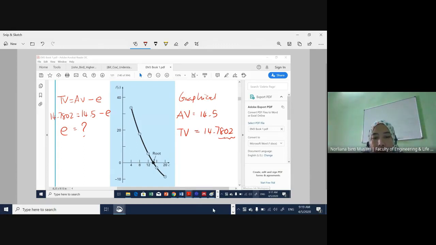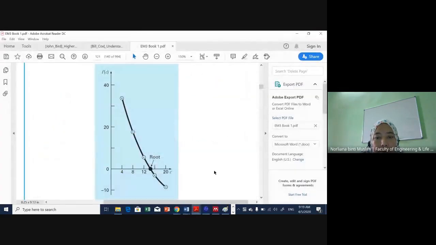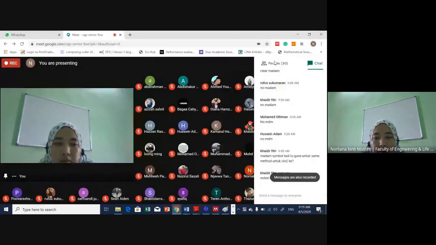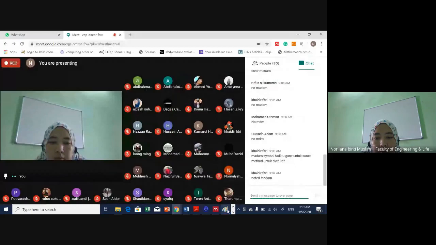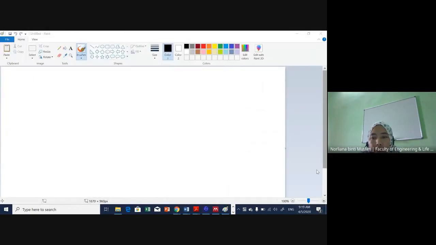Okay, so for special types of graph, I am going to show you the basic graphs for non-linear functions.